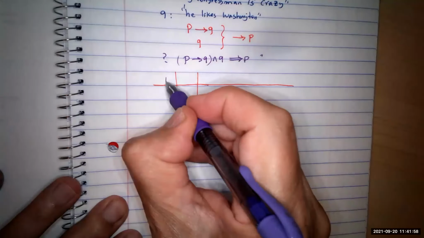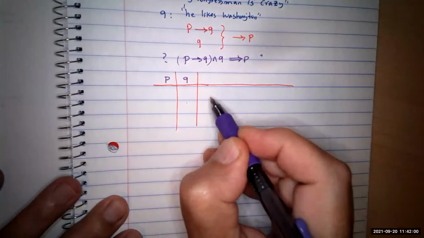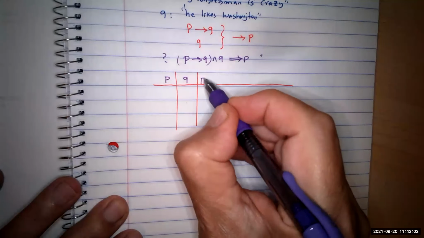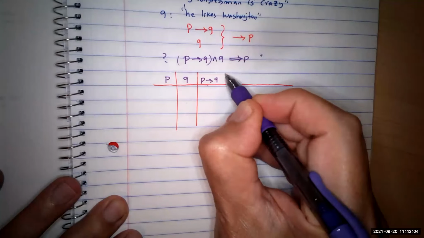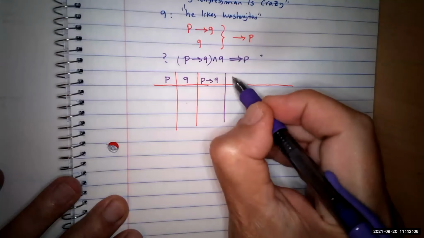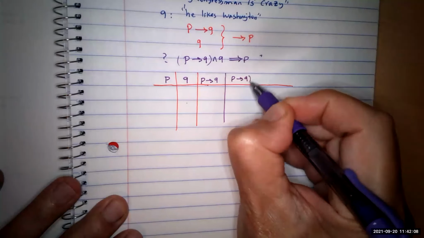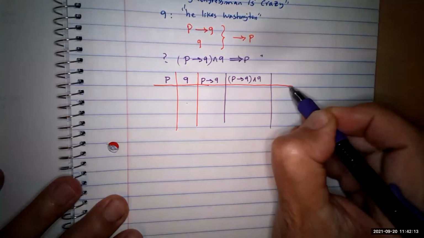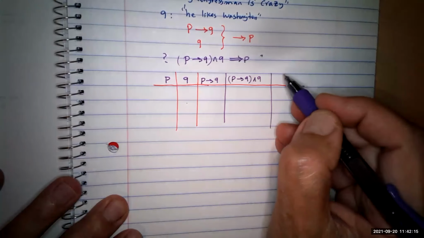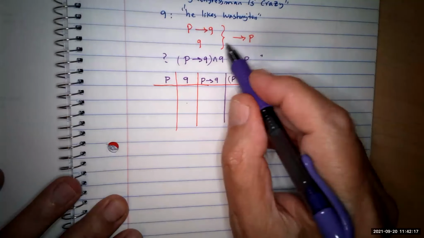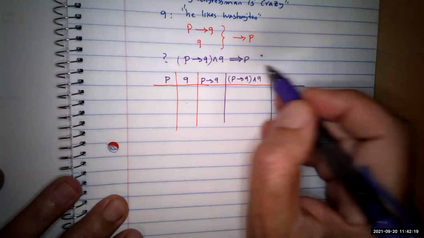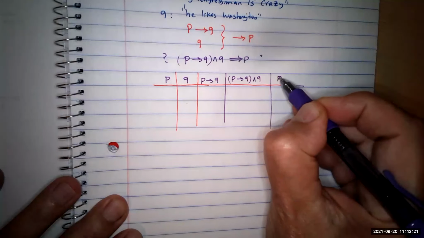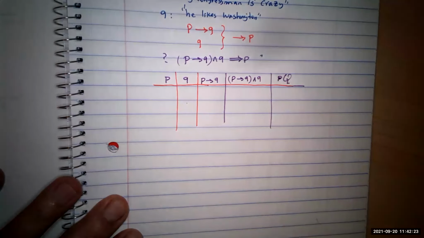So I need a P and the Q here. So we need only P then Q, and if P then Q and the Q, and the result, which I'll just call Q, the result.